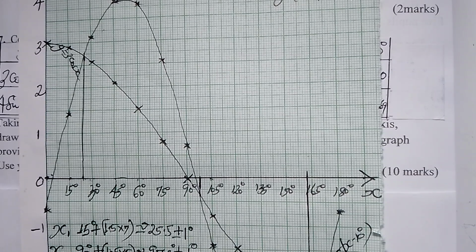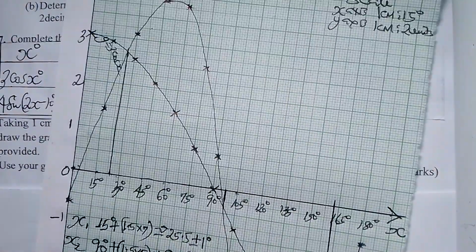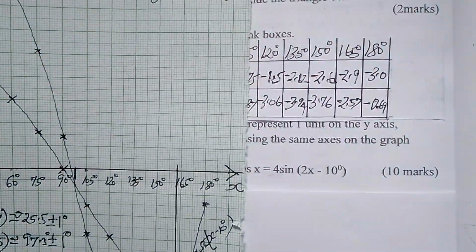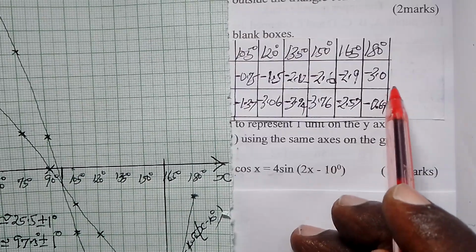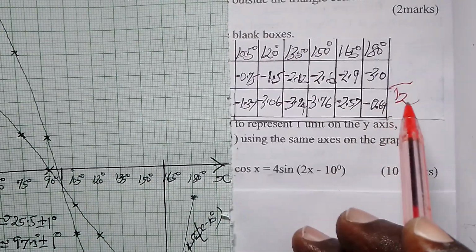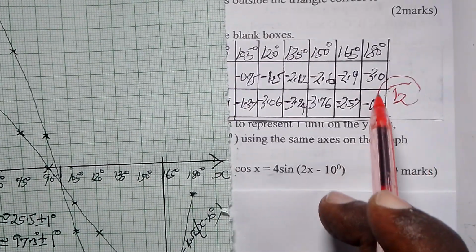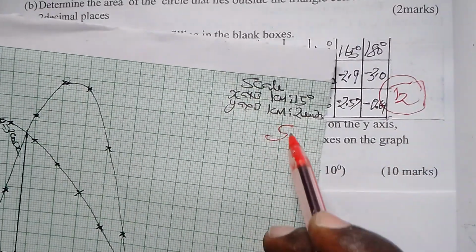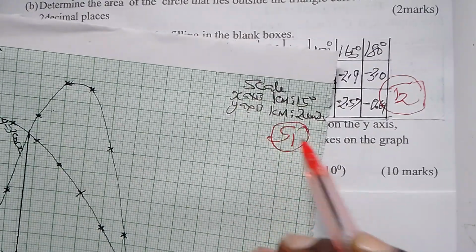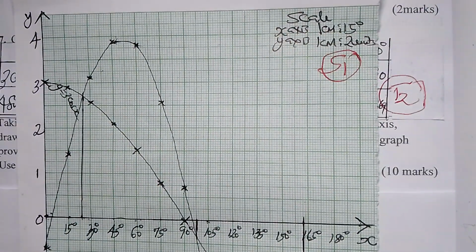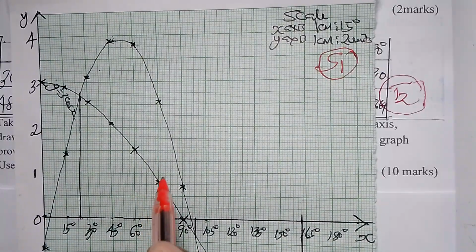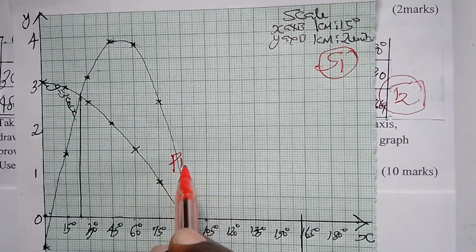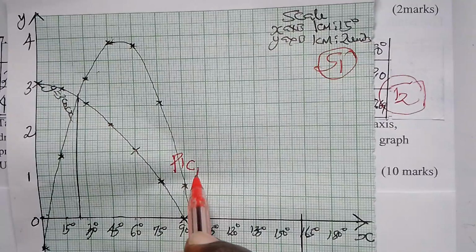So just to give you a small hint of how the 10 marks can be distributed, if you fill the table correct, you get a total of 2 marks. So it will be abbreviated T2. The scale S1, like that. Plotting the first curve, plotting the points correct, P1, drawing the curve, C1.